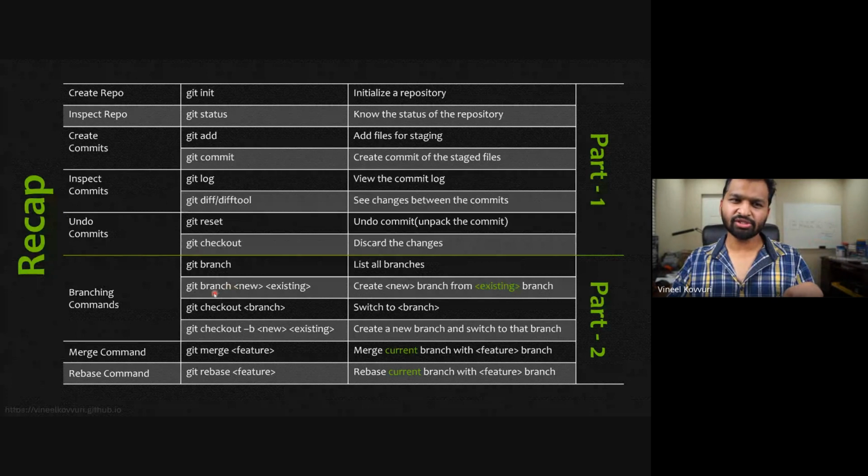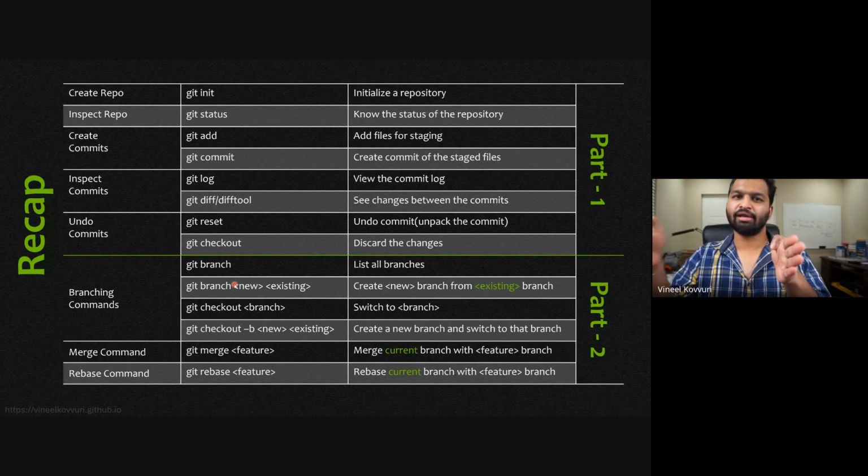We create a branch using git branch, and one important point here is you have to specify an existing branch or existing commit from which you want to create your new branch. It's like you have 3 or 4 commits. The way you create a new branch is by referring to either the last commit or one of the previous commits.